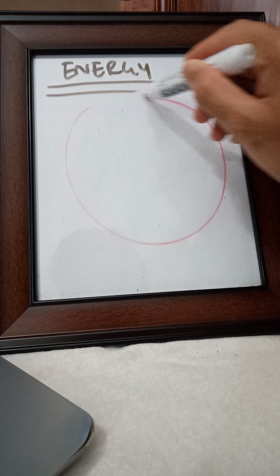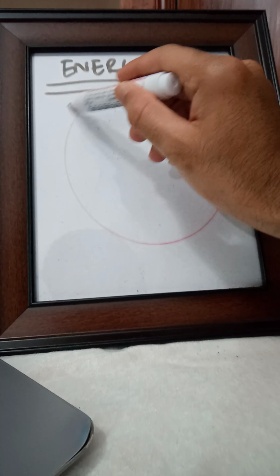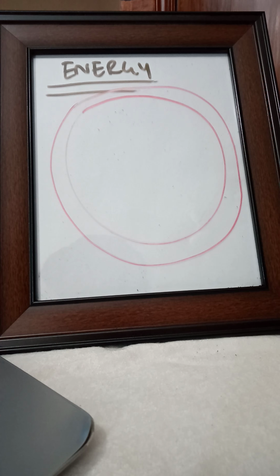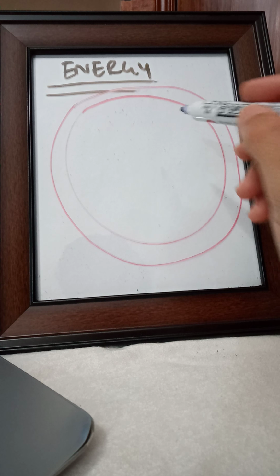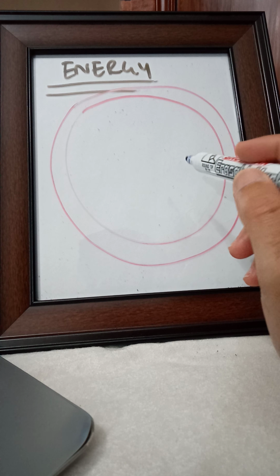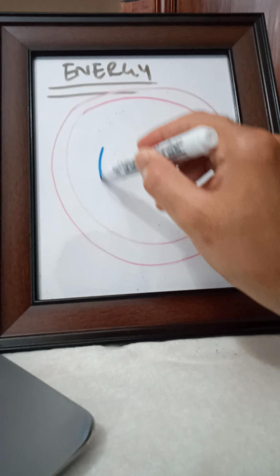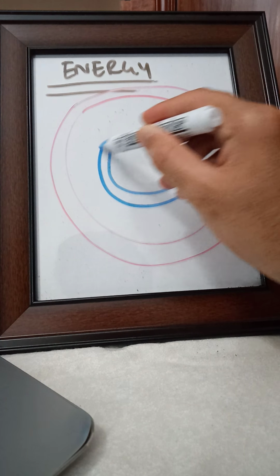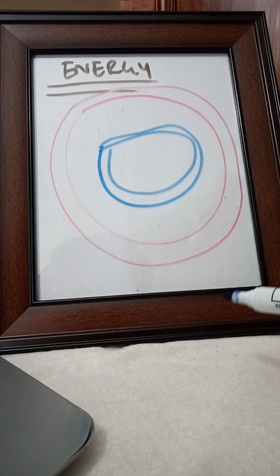This time I'm drawing a plant cell, so you can draw the cell wall as well. And inside here you can draw a chloroplast. Let's say this is a chloroplast having two membranes, inner and outer.